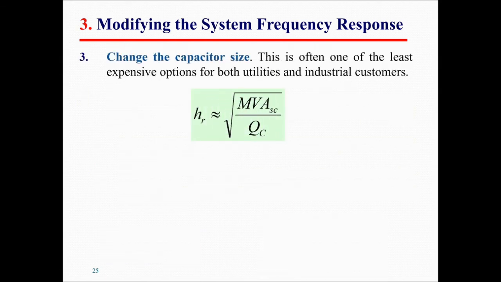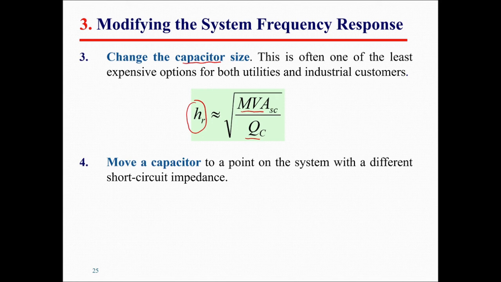Number 3, change the capacitor size, because we know that the resonance or the harmonic order will be given as the square root of the short circuit size divided by the capacitor size. So by changing the capacitor size, we will be able to move the frequency response.